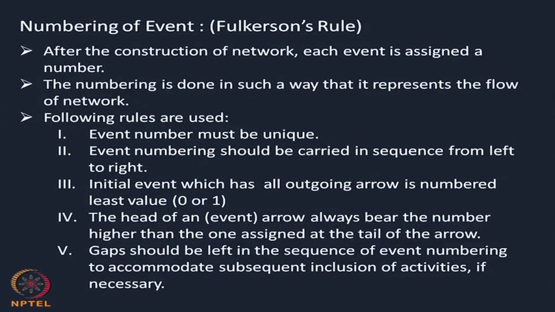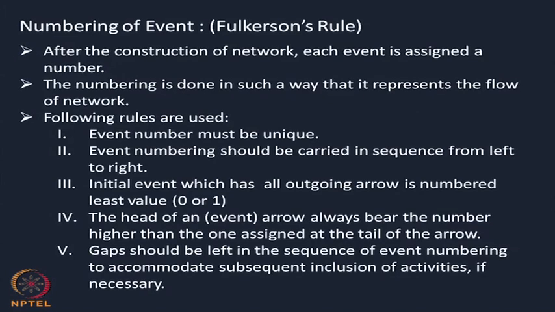The numbering of events, or we call it Fulkerson's rule. What is this? After the construction of each network, each event is assigned a unique number. We will see afterwards, each event is assigned a unique number. Usually the number may be 0 or 1; we start with 0, 1, 2 something like this.